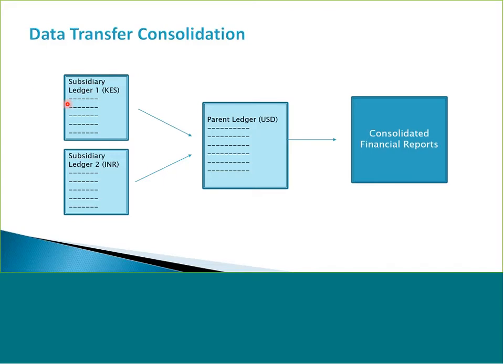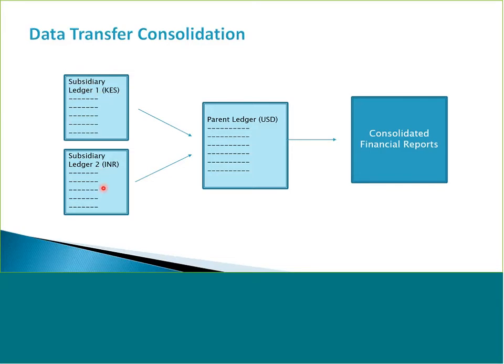So let's take a look first at data transfer consolidation. Just as the name suggests, in this type of consolidation, there's usually a movement or transfer of data from one ledger to another. In this example, we have two subsidiaries, and each has its own ledger.